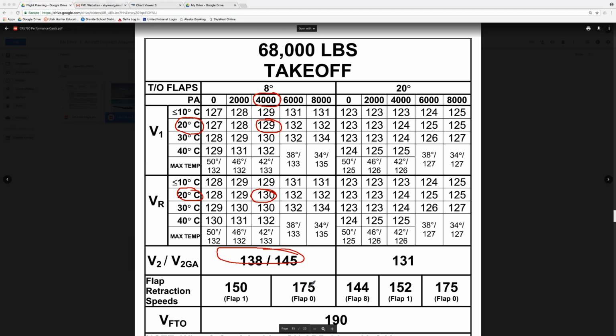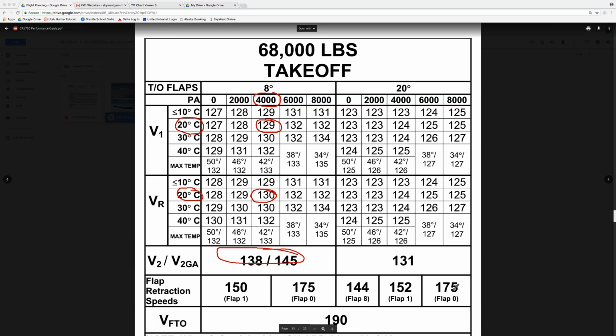So your flap retract speeds, once again, are just going to stay the same. As long as you're within flaps 8, or flaps 20, you would retract flaps 8 regardless of what's going on up here. You'd retract flaps 8 at 144, 152 for 1, and then 175 for 0.